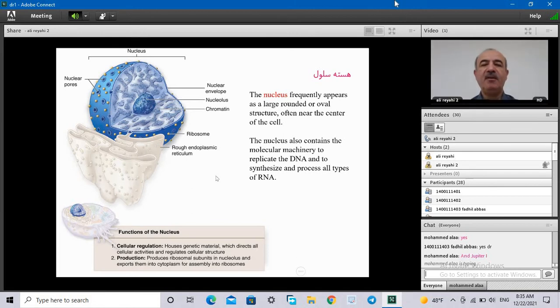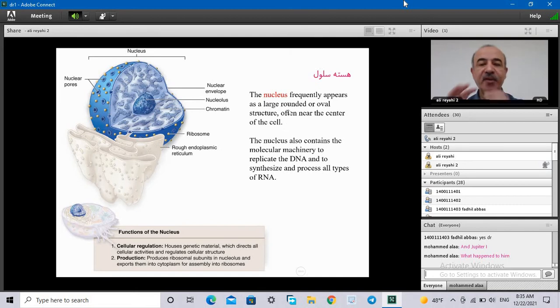Okay, look at here. What is the nucleus? Nucleus is a large organelle within the cytoplasm. The nucleus frequently appears as a large, rounded, or sometimes oval structure, often near the center of the cell.